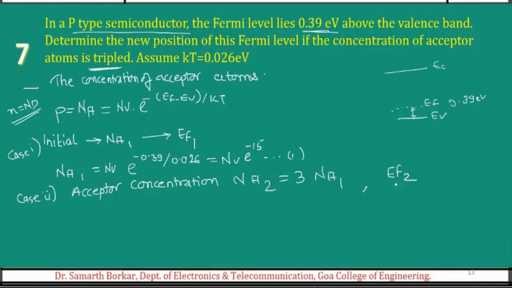This is the Fermi level when the concentration of atoms is tripled. Clear? So we have two cases here, the initial condition and the second condition, when the acceptor concentration is increased.